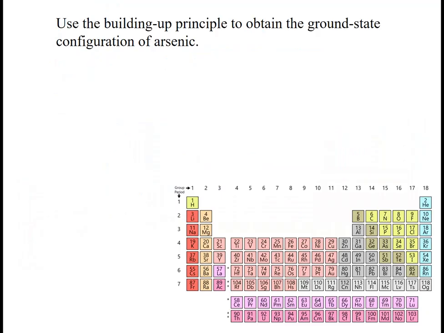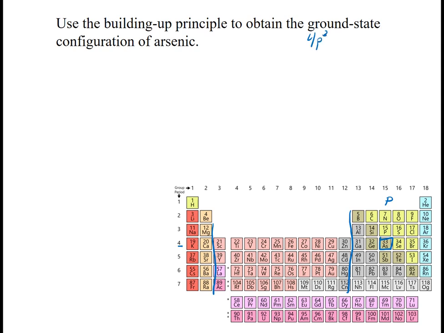These are examples we did in an earlier section about the buildup principle. This one is arsenic. I'm on row 4, and these are P's, so I'm at 4p, 1, 2, 3. My last electron is 4p3.